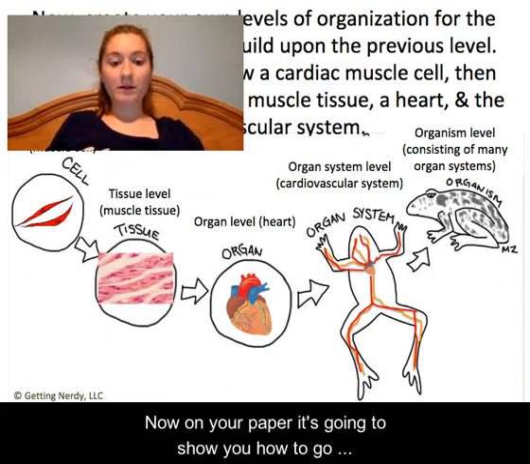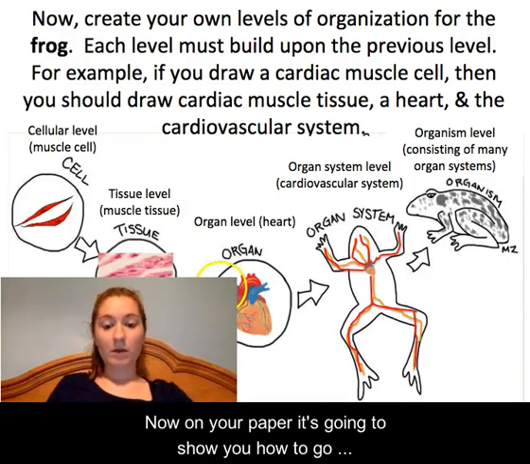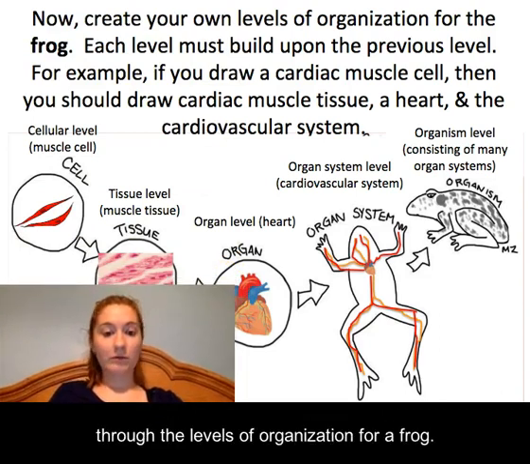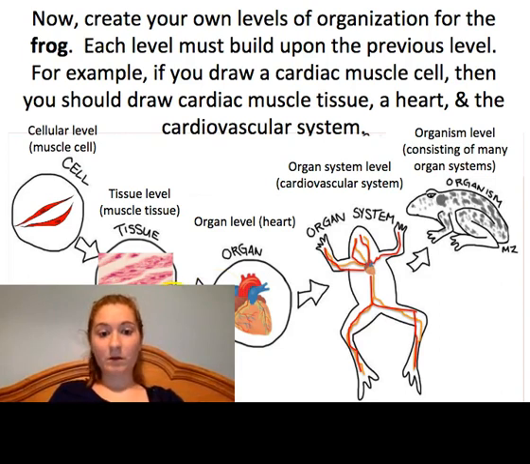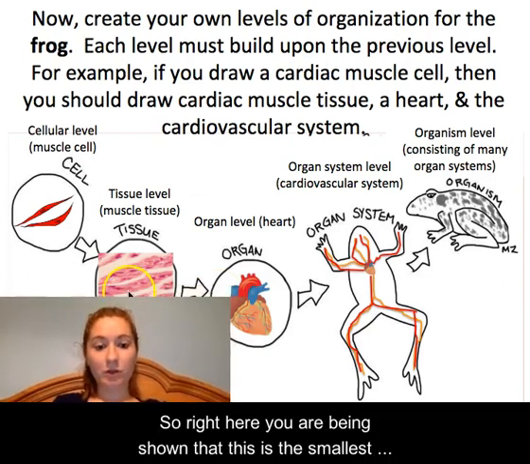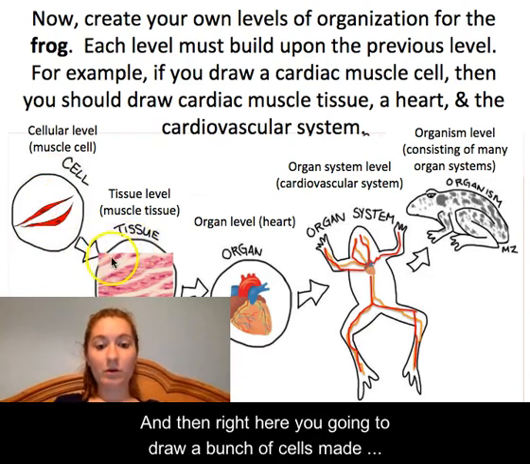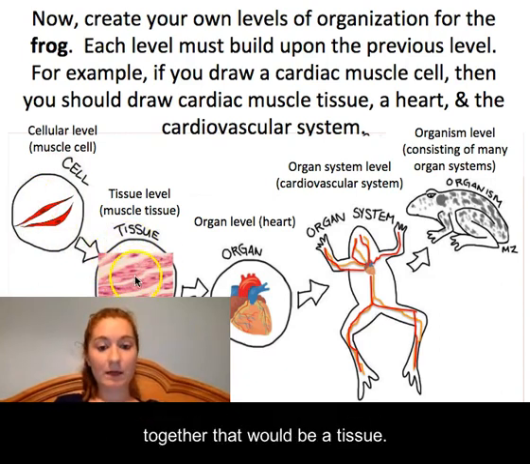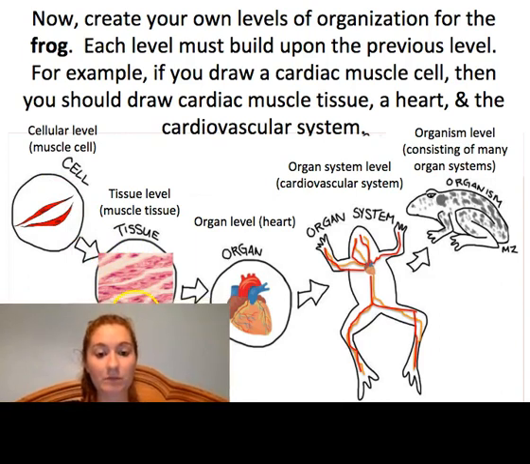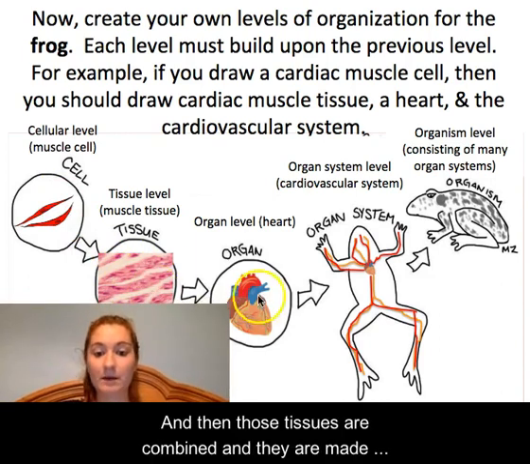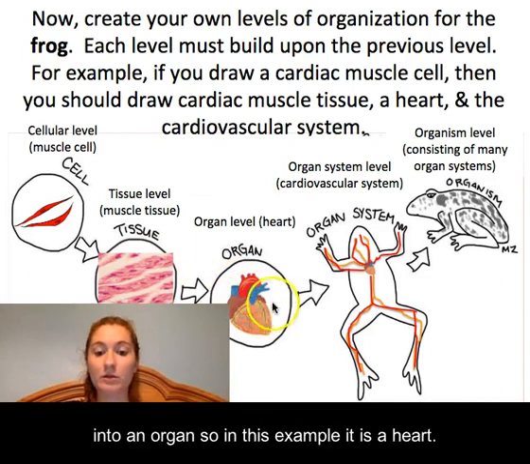Now on your paper, it's going to show you how to go through the levels of organization for a frog. Right here you are being shown that this is the smallest part of a frog, the cell. Then right here you're going to draw a bunch of cells made together. That would be a tissue. Those tissues are combined and made into an organ.